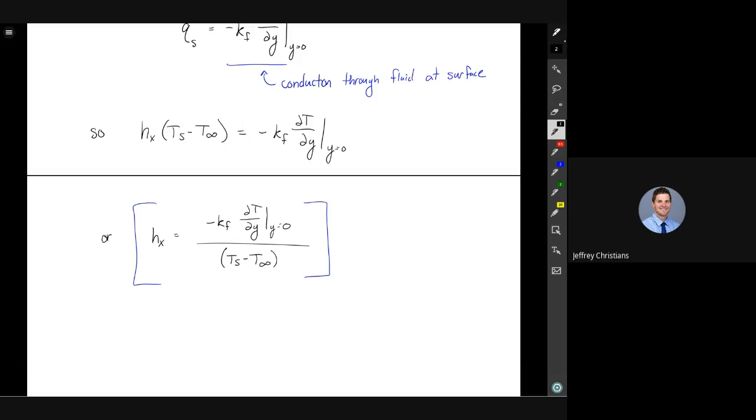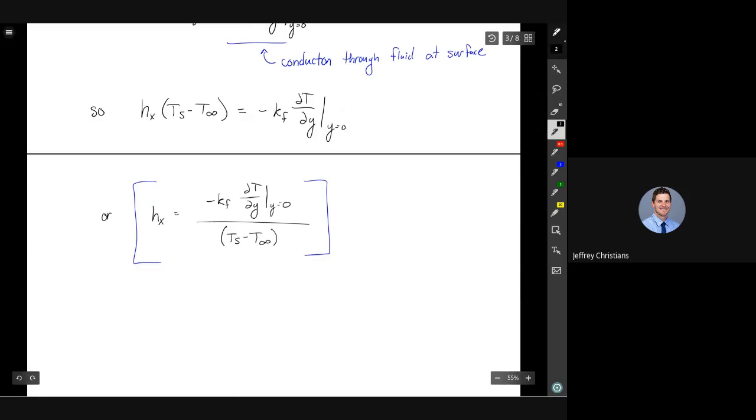So a couple things to note about this. The convection coefficient, fundamentally, is controlled by conduction through that first little bit of fluid.